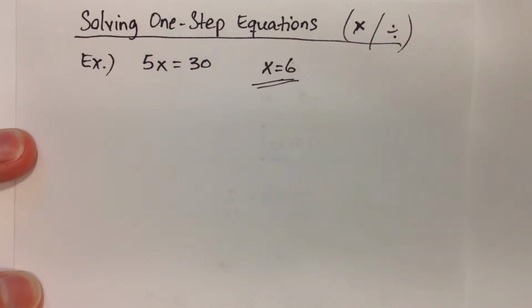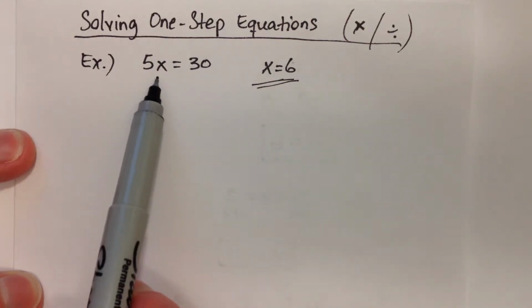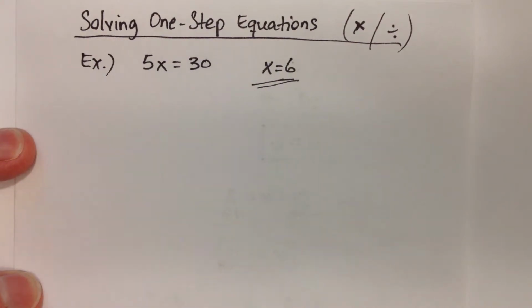We're going to use a process, and the steps that we're going to take are called the properties of equality. So the idea is to get this variable by itself, because by doing so, we're going to say x equals, and then that value will be on the other side, and that'll be the solution. So in this case, 5 is being multiplied by x. So we need to do the opposite of multiplication, which is division, and divide both sides by something in order to get the x by itself.